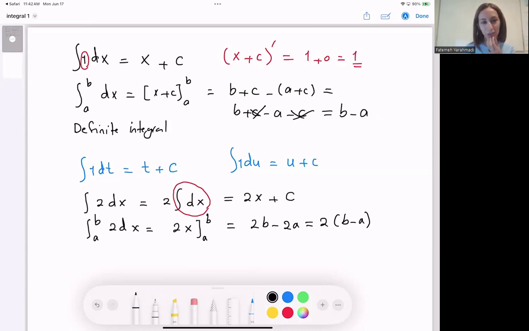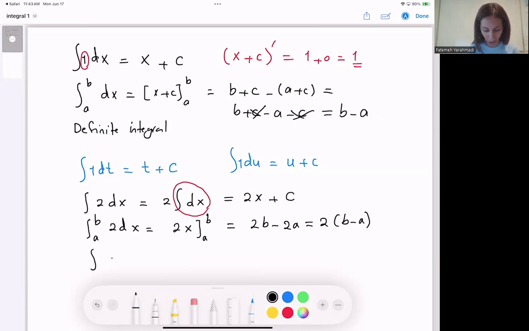Simplest integral possible. So as we introduce new topic, new contents, we're going to go over basic definitions. So in general, you might say, hey, what if this 2 is any coefficient, any number? What if I have a general form like this?